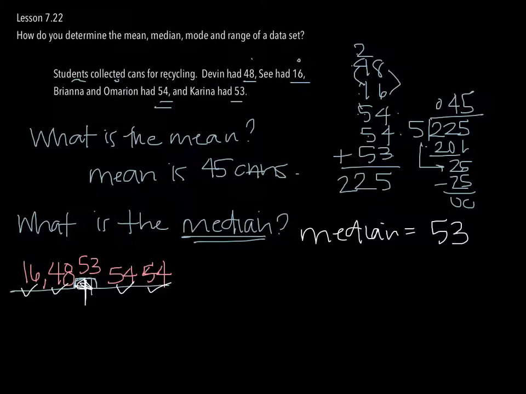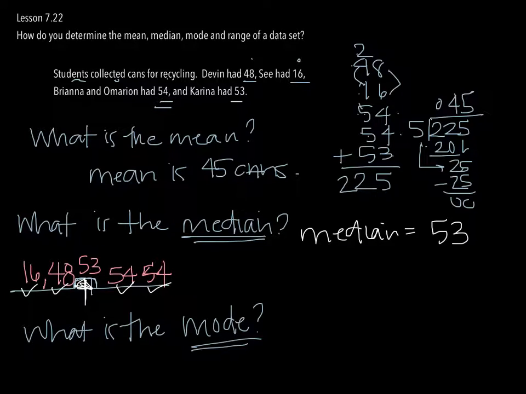And our final question is, what is the mode? When we talk about mode, boys and girls, mode is the number that is most frequently used, the number that appears most often in our data set.